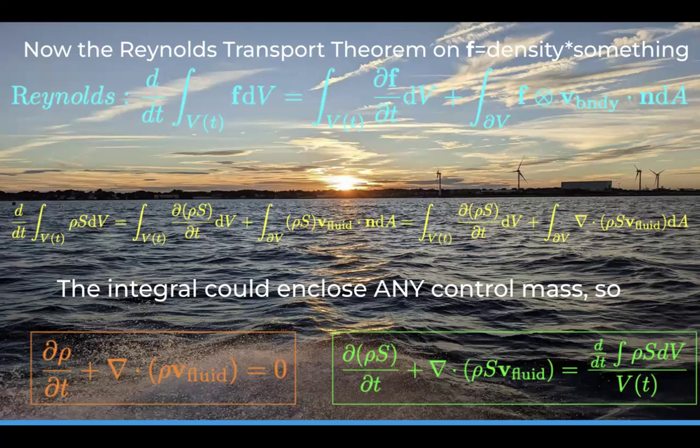Density is the mass per unit volume. This is all the mass, everything. And the salinity is the mass of salt versus the total mass. So that product gives me the mass of salt per unit volume.